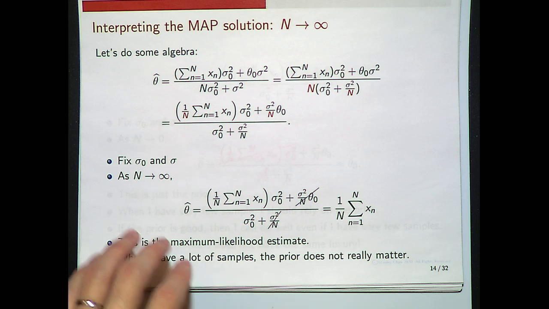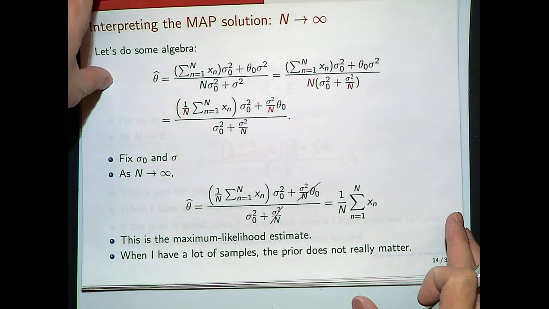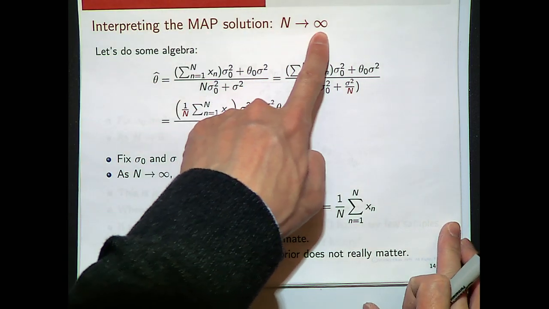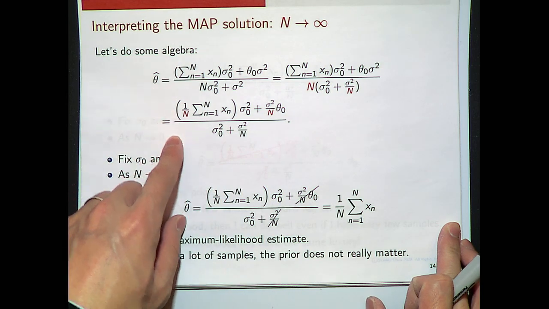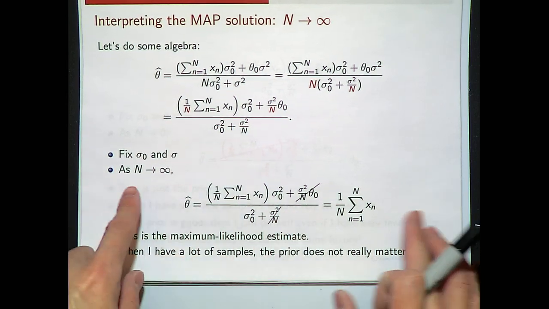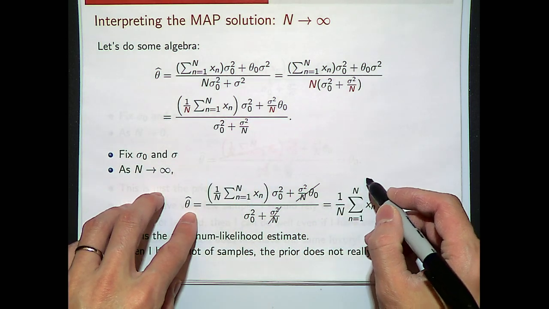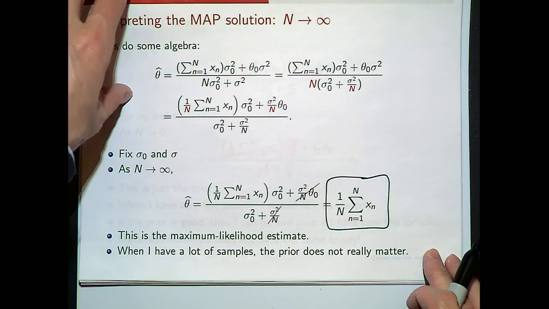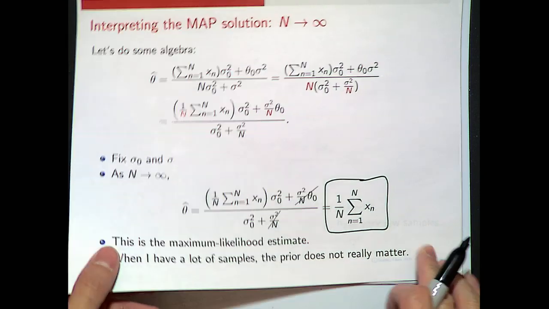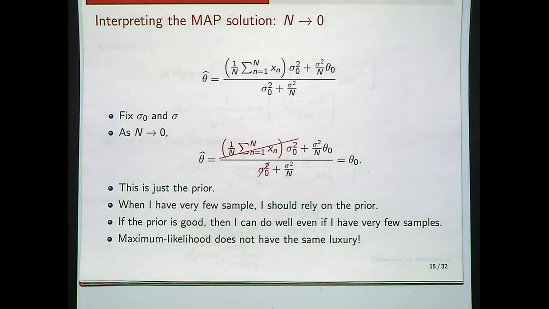So this slide summarizes what we have just talked about. If you set n going to infinity, then your estimate will take this form. Eventually, after doing all these calculations, you can show that your theta will become 1 over n times the summation of all the x_n's.